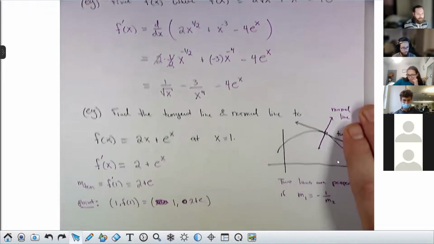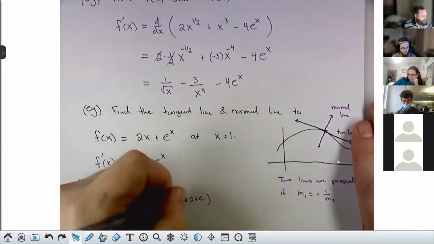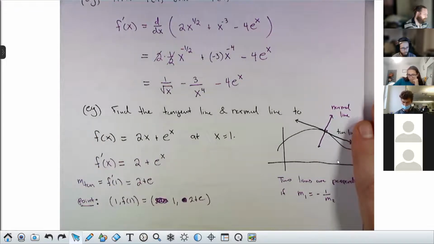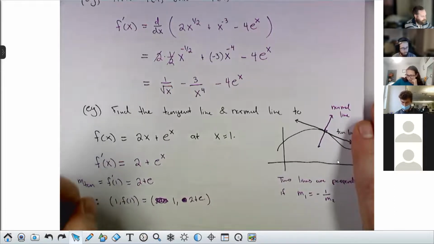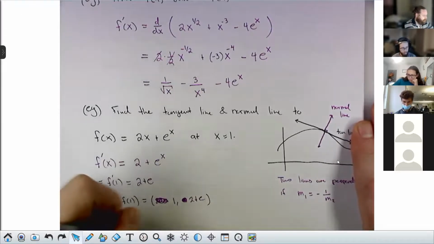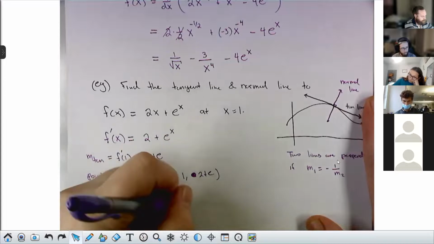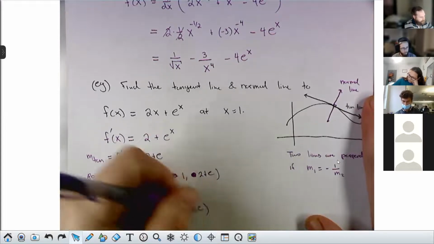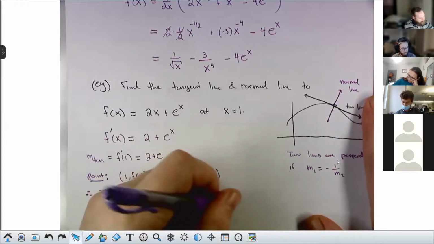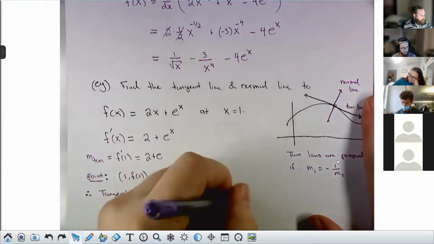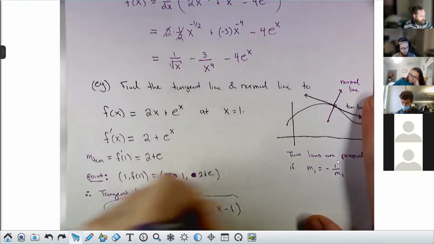So your point of tangency is 1 comma 2 plus e. Therefore, the tangent line is y minus (2 plus e) equals the slope of the tangent, which is also 2 plus e, times x minus 1. There's your tangent line.